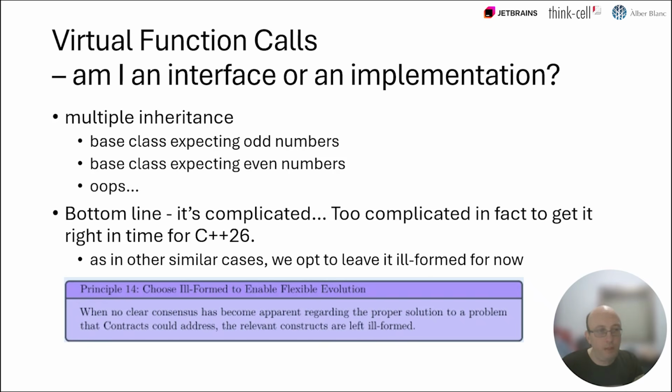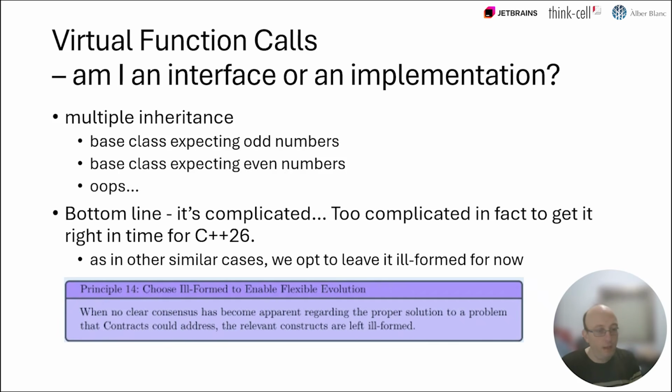And the last example actually is a very simple one. In multiple inheritance, you have a base class that expects only odd numbers, and another base class expecting even numbers, and you're always going to be violating the contract of one of those in the class that's derived from both of them.